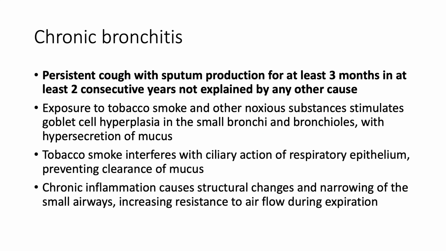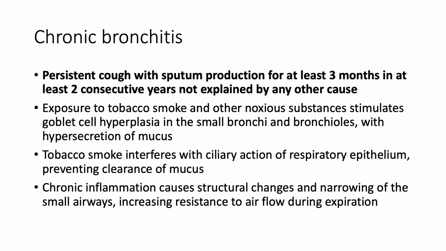The other major type of COPD is chronic bronchitis. This is defined as a persistent cough with sputum production for at least 3 months in at least 2 consecutive years, not explained by any other cause. And so what happens with tobacco smoke and other noxious substances, when you inhale them, it's going to stimulate goblet cell hyperplasia in the small bronchi and bronchioles, and that results in hypersecretion of mucus, and that's going to plug up the airways.